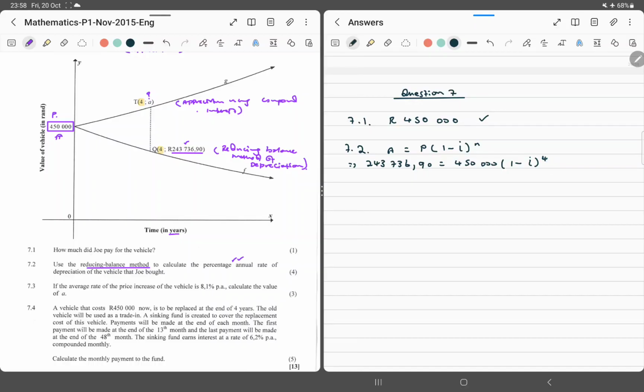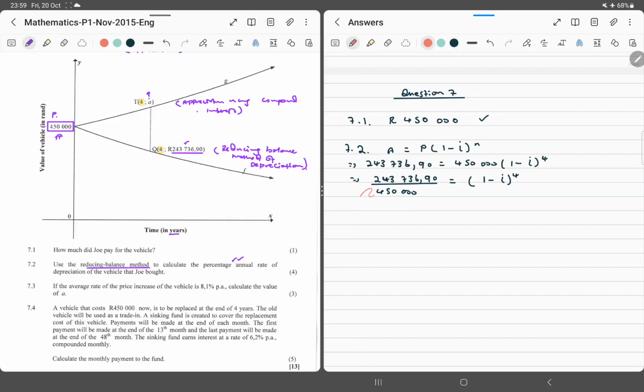Now the exponent is 4 because that is 4 years. Okay, great. This implies that we've got 243,736.90 divided by 450,000 is equal to 1 minus i to the exponent 4.